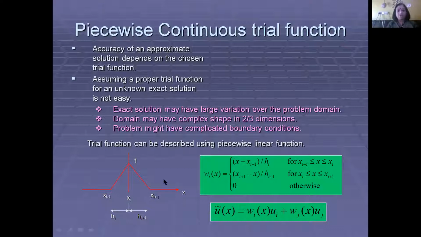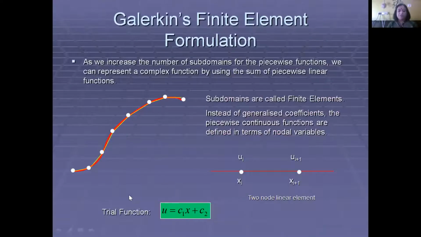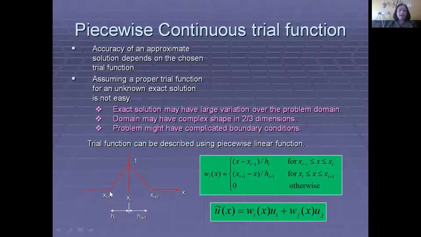So I have chosen 3 points here in the x domain, xi minus 1, xi, and xi plus 1. There is some distance between the two. Let's say hi is the distance between xi minus 1 and xi, and hi plus 1 is the distance between xi and xi plus 1.